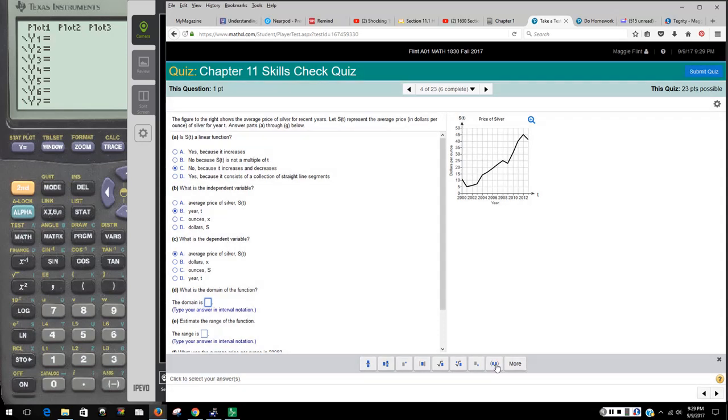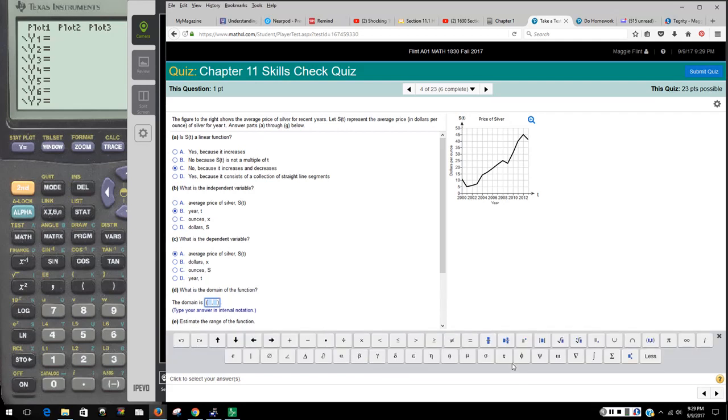I'm going to count it right either way. Don't worry about using the right containing device. Just use the ordered pair type. If you really want to be correct, it really wants you to have square brackets, which I'm not even seeing on here. So we're just going to go ahead and use the ordered pair notation.